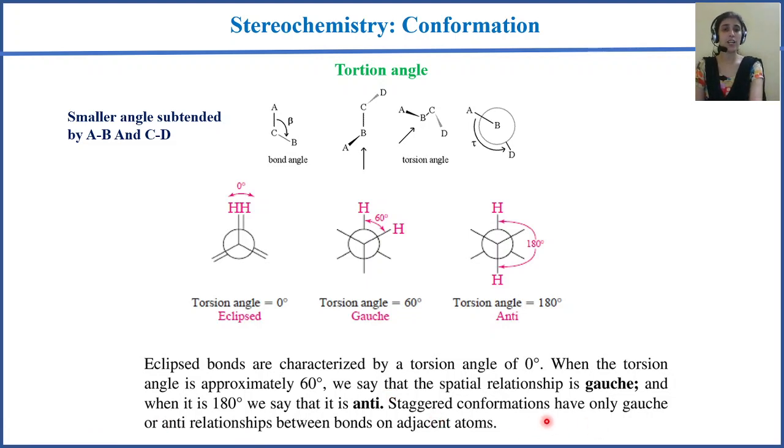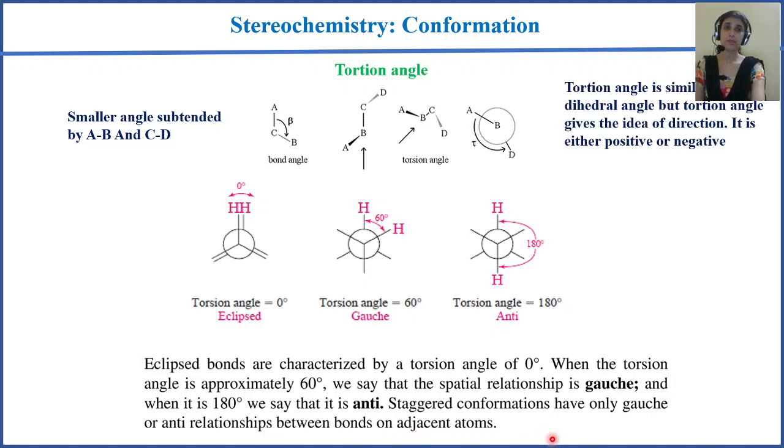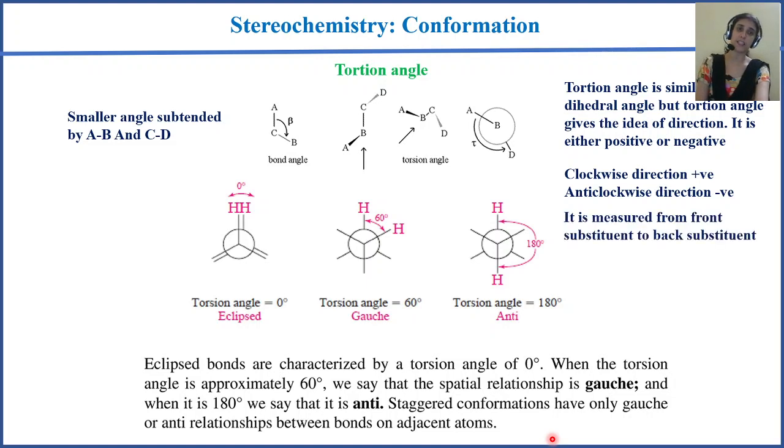Staggered conformations have only gauche or anti relationship between bonds on adjacent atoms, as we discussed earlier. Torsion angle is similar to dihedral angle, but torsion angle gives an idea of direction. It is either positive or negative. Clockwise direction is positive, anti-clockwise direction is negative, as I mentioned here just before.